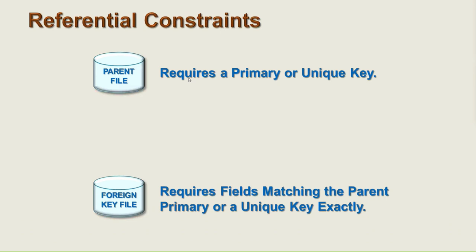The actual data name of the fields is irrelevant. So when you define the constraint in the foreign key file, you're pointing it at the parent file, and the fields you choose out of your foreign key must match exactly the primary or unique key.